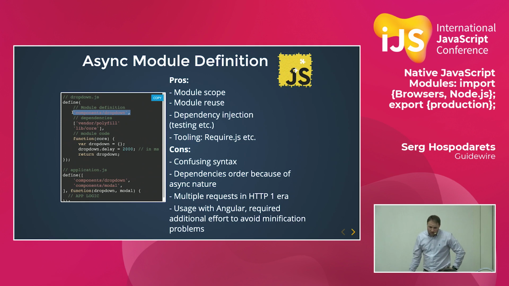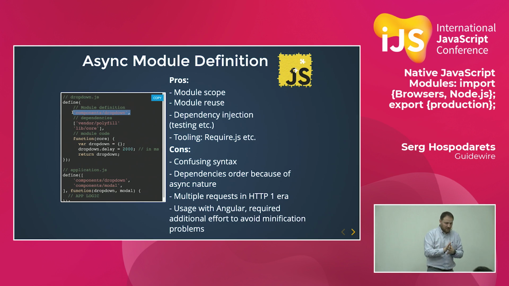But module scope was there. You could reuse modules, and you finally had some kind of dependency injection. You had tooling, remember, require.js, which worked at that time but now looks a bit crappy, and a bunch of cons were there. Confusing syntax, I already told you this story. Dependency management was absolutely crappy: if you needed to put things in some order, good luck.